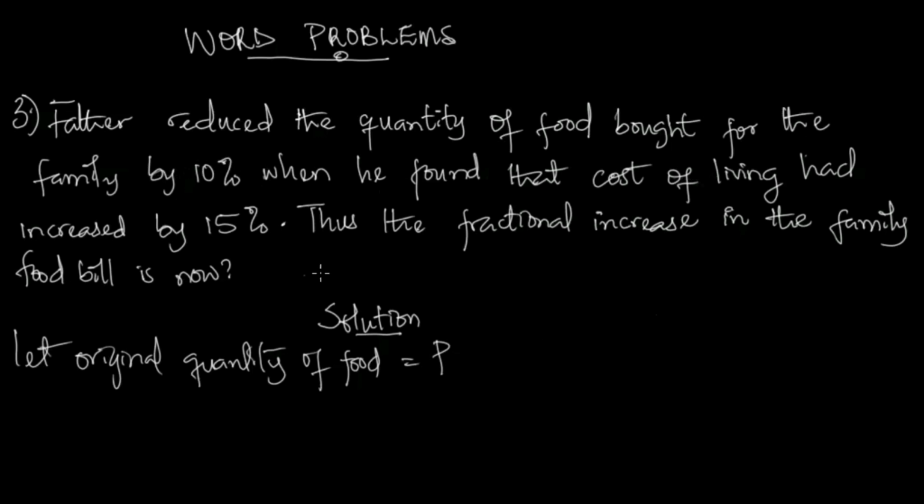When you found that the cost of living had increased by 15%, let the original cost of living equal, say, Q. If the quantity of food bought was reduced by 10%, that means the quantity of food bought was reduced from 100% to 90%.